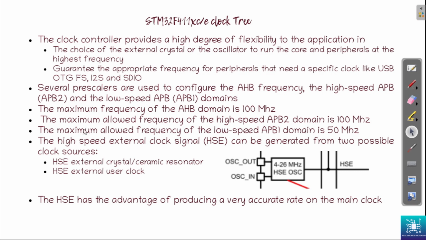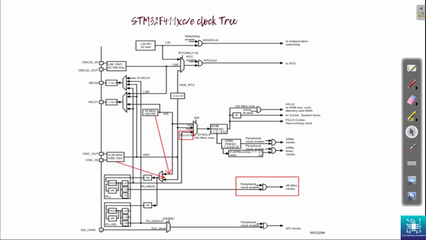So the clock controller provides a high degree of flexibility to the application in the choice of external crystal or oscillator to run the core and peripherals at the highest frequency. Now, why do you think the clock tree for a high-end microcontroller looks so complicated? There are some reasons behind it.